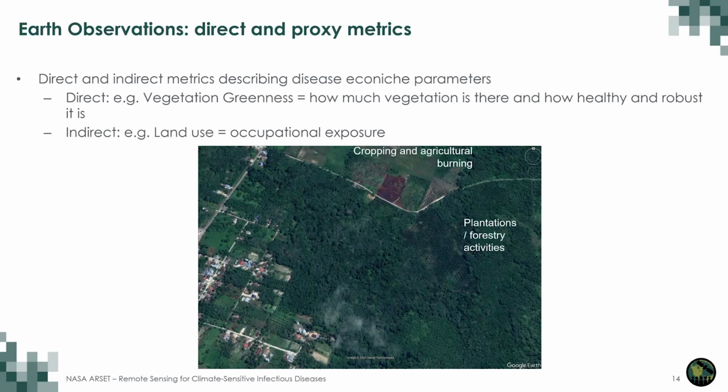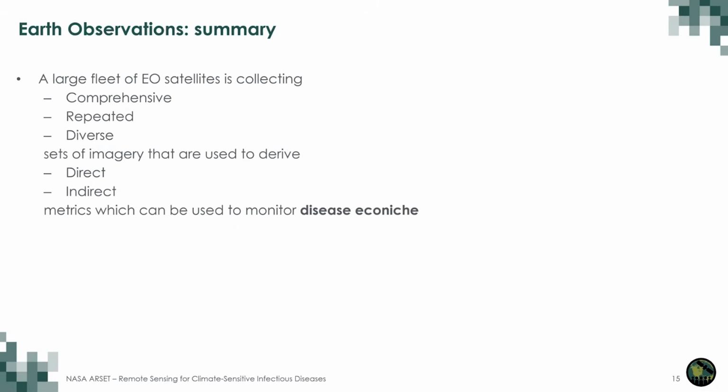This is a very good example of plantation forestry, which is palm plantation. And we can also look at the population density, location, living conditions. There are a lot of proxies that we can extract from satellite imagery.